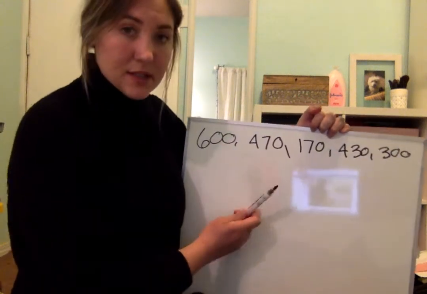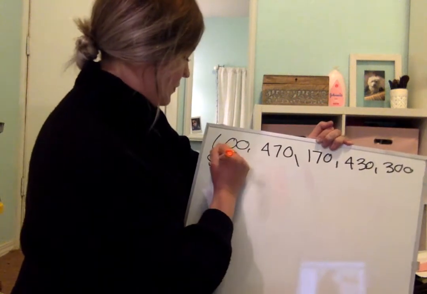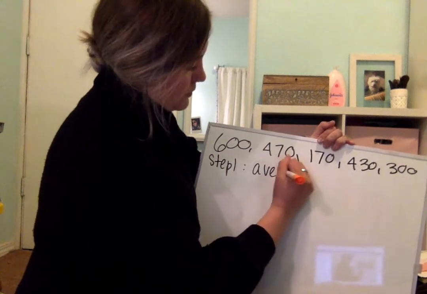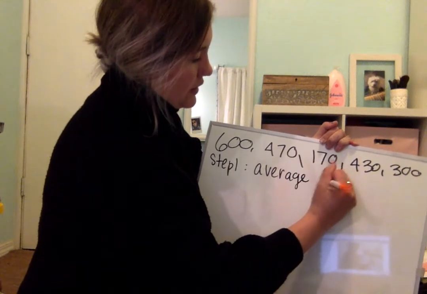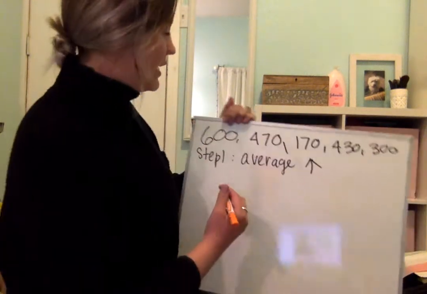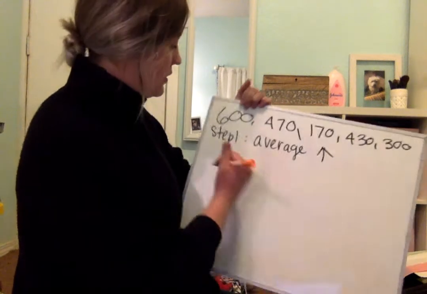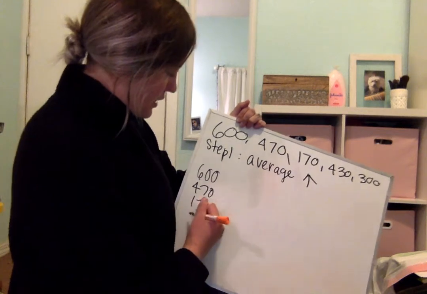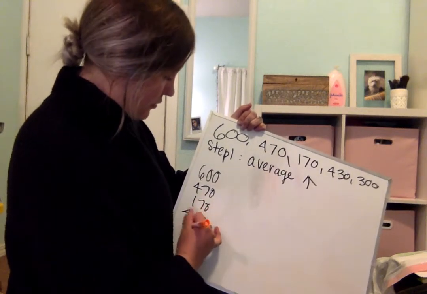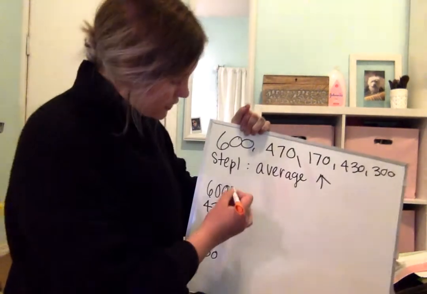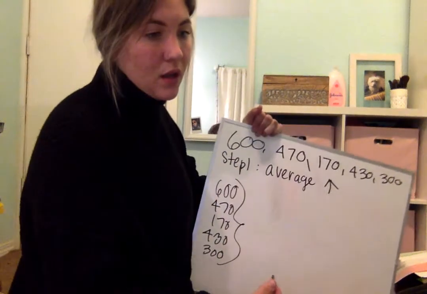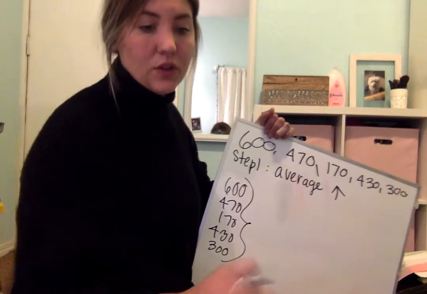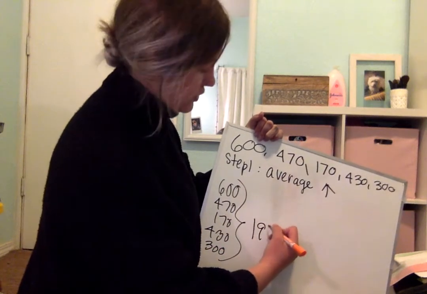Now, for the first step to standard deviation, step 1, is to find the average of the data set. To find the average, you're going to add all these numbers up: 600, 470, 170, 430, and 300. You get 1,970.